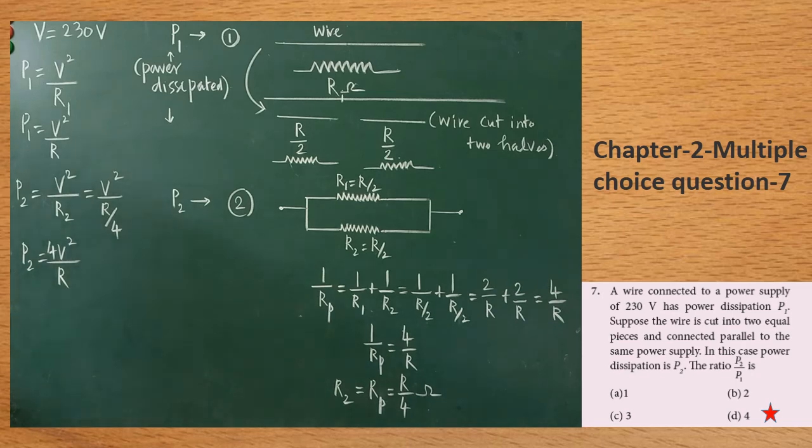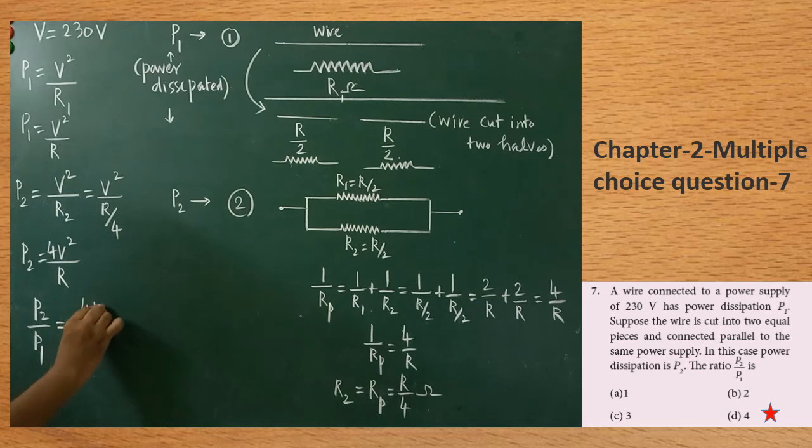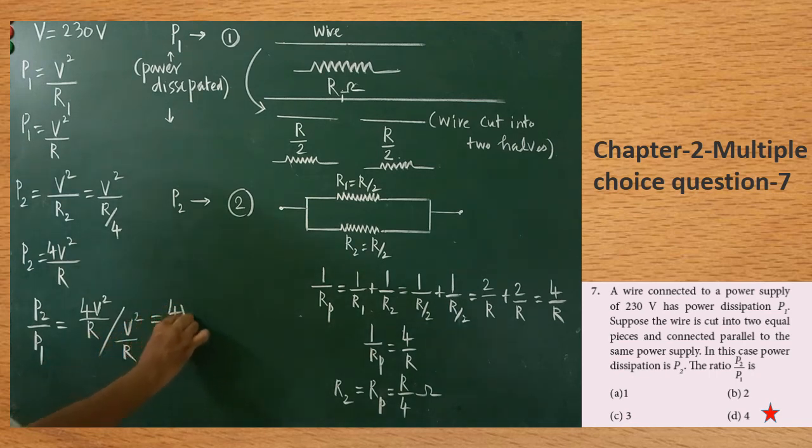Our aim is to find out the ratio of P2 divided by P1. Substitute here 4V square divided by R, whole divided by V square divided by R. So after cancellation what will happen? 4V square divided by R into R by V square.